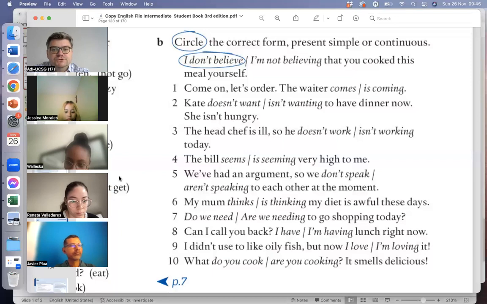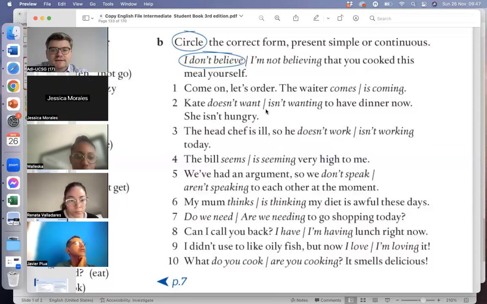Javier, number 2. Number 2, Kay doesn't want to have dinner now. She isn't hungry. Okay, so what did you select? Doesn't want or she isn't wanting to have dinner now?